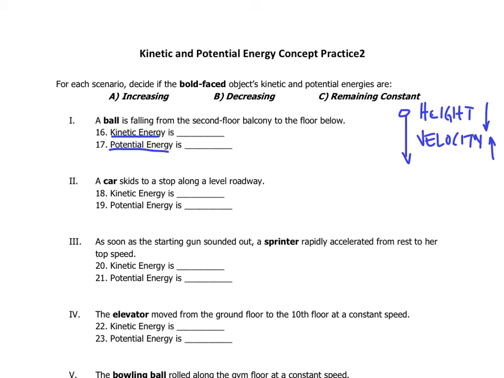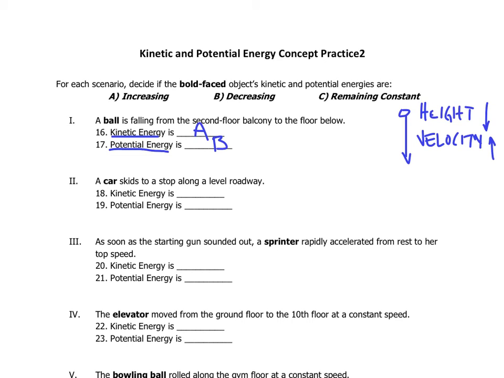Okay? So based off of that information, number 16 wants to know about kinetic energy. Well, if the velocity is increasing as it moves down, if the object is speeding up, then that must mean that the kinetic energy is also increasing. And the potential energy is dependent on height. So, if the ball's falling, obviously the height is decreasing, the height's getting lower, therefore your potential energy is also decreasing, it's getting lower.